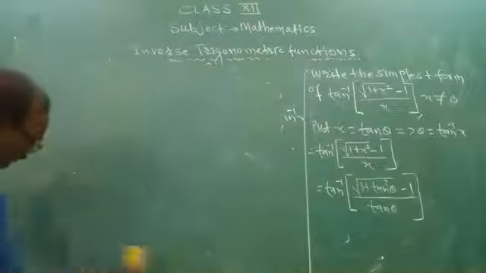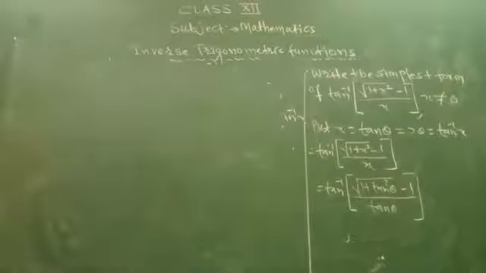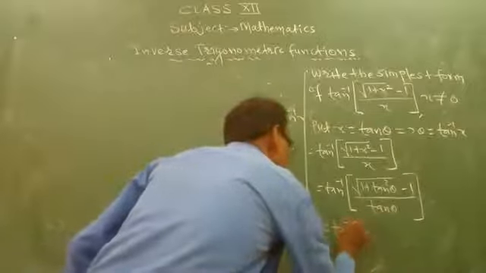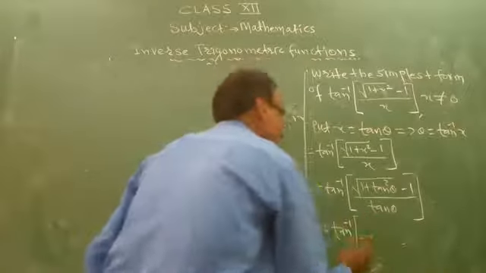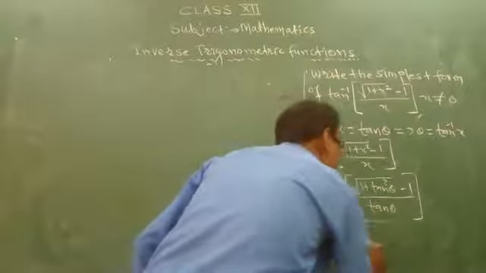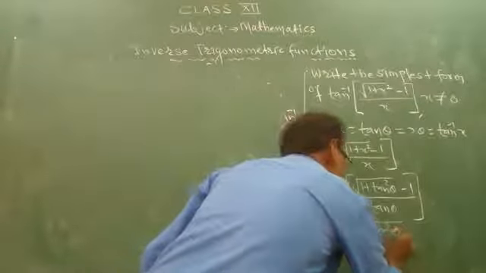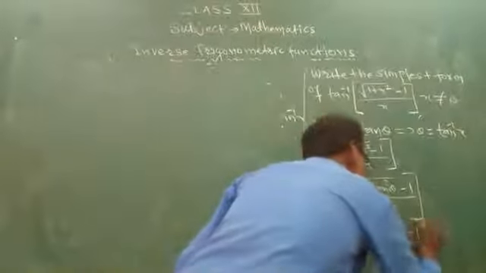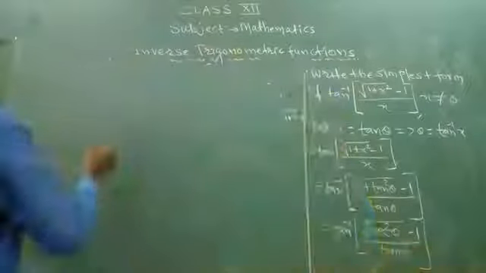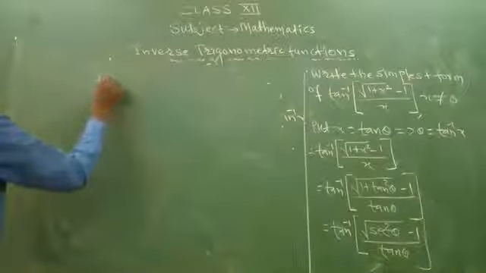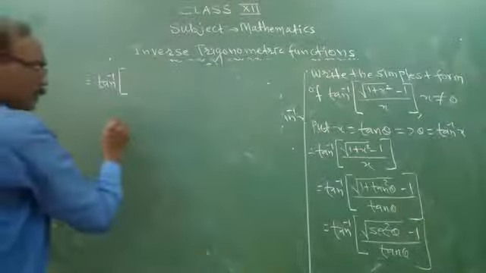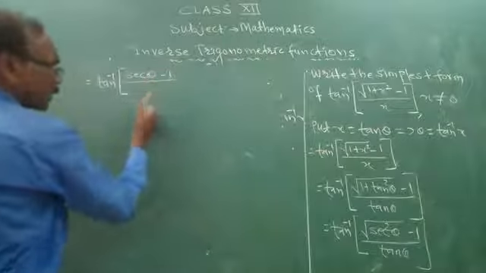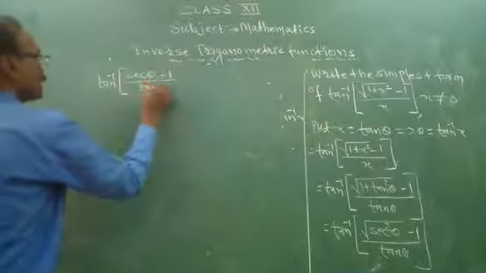Which is equal to tan inverse, in the bracket, 1 plus tan square theta, that is sec square theta, minus 1 upon tan theta, and the square root of sec square theta will be sec theta. So it equals tan inverse, in bracket, sec theta minus 1 upon tan theta.